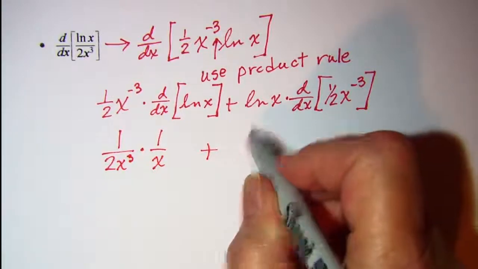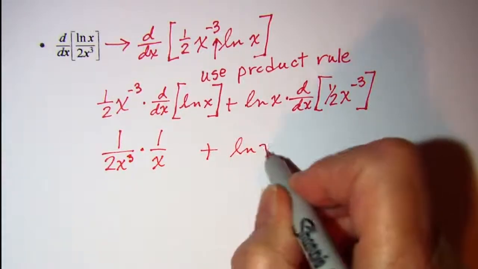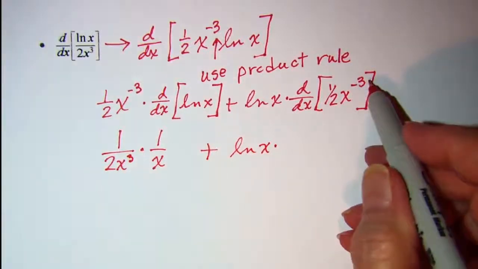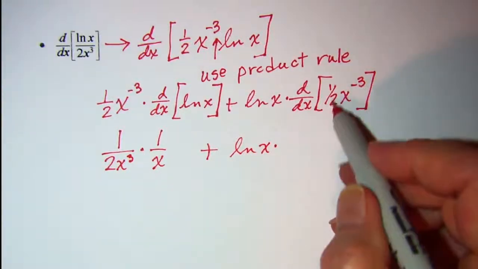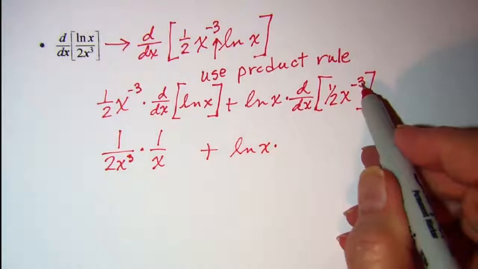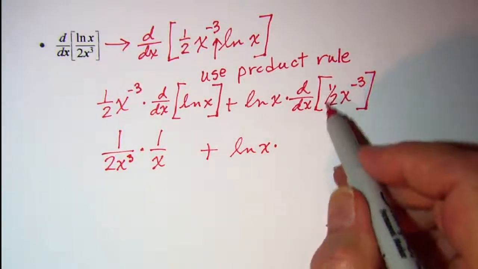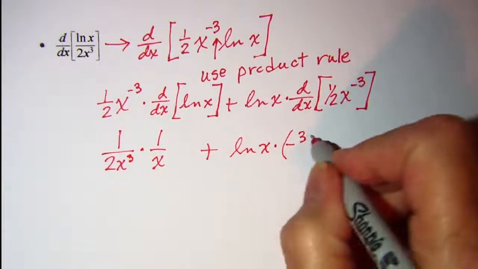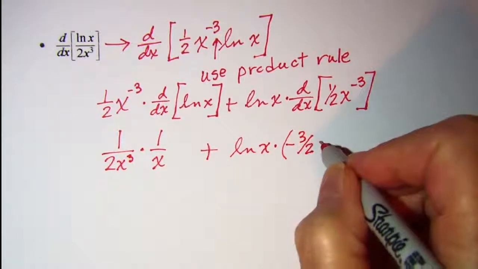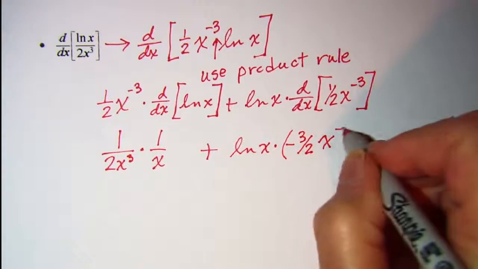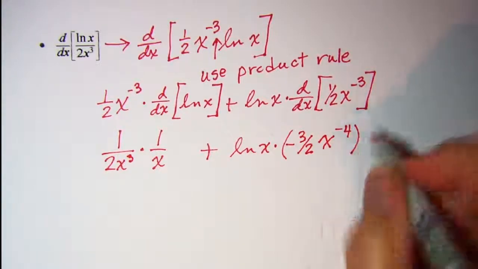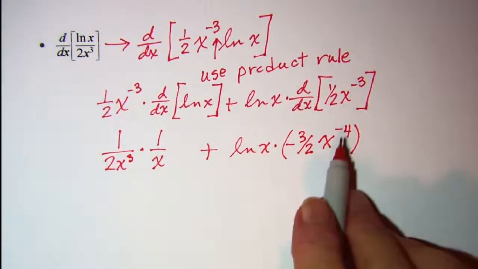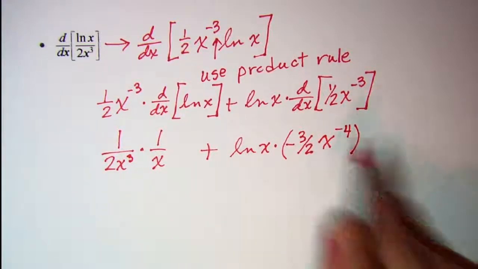And then this one is ln x, and the derivative here is a negative 3/2, because you multiply, remember, the exponent times the coefficient. And then x to the negative 4. Be careful not to mix this up with integration, because we reduce the exponent by 1.